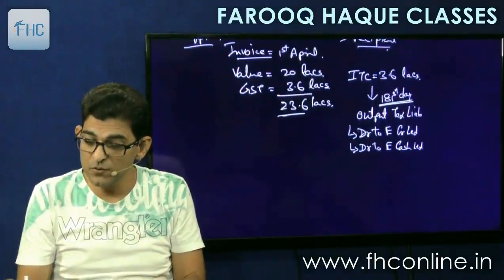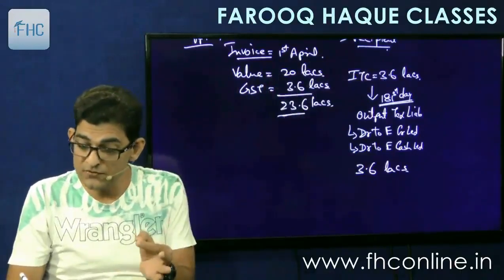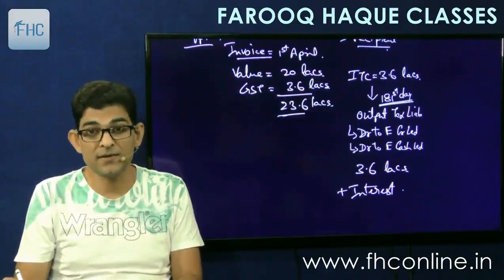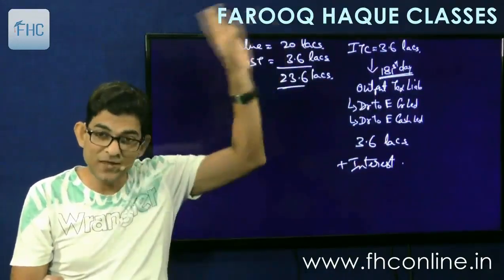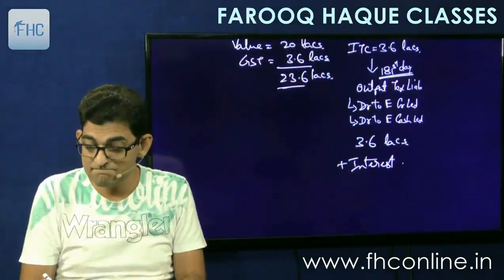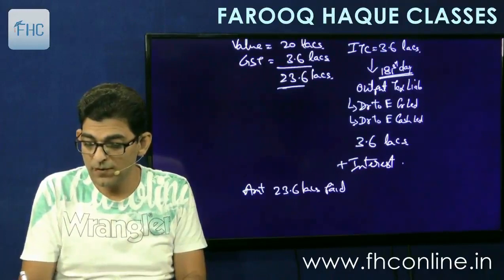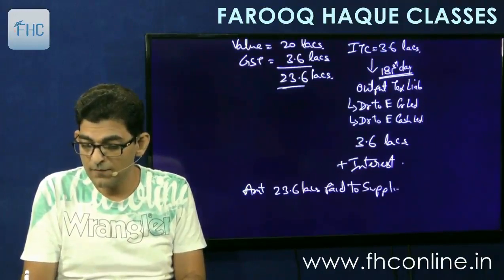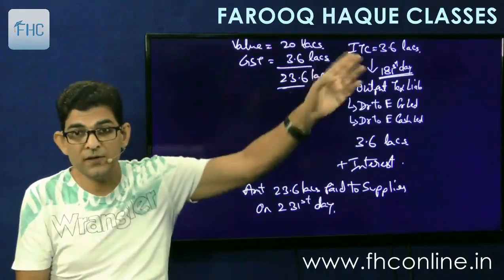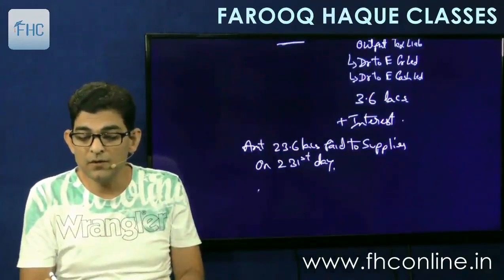So how much payment? You have to pay 3.6 lakhs, that is the ITC amount, plus interest. And then if you make a payment of 23.6 lakhs to the supplier afterwards, say on the 231st day, on the 181st day you reverse, and then on the 231st day, when you make this payment, you can re-avail the credit.